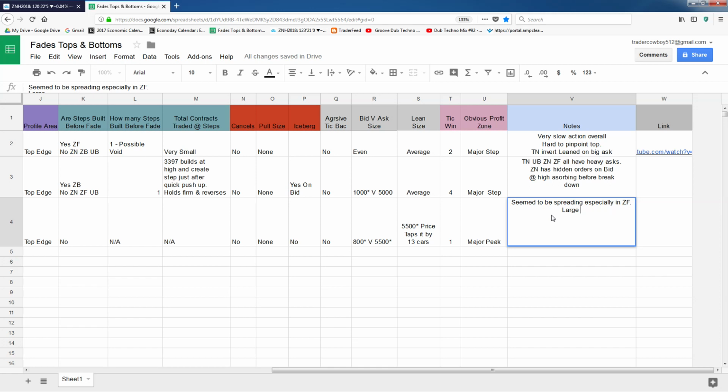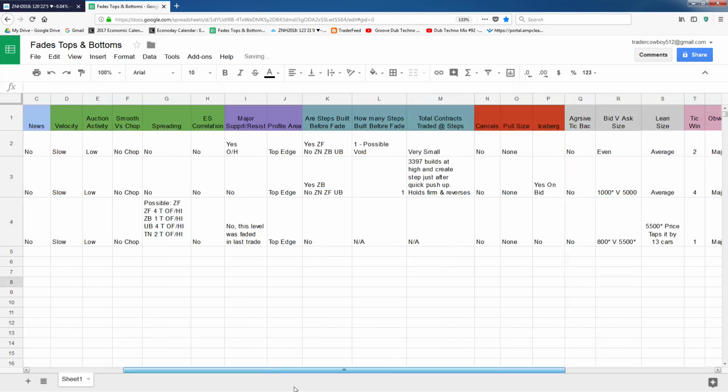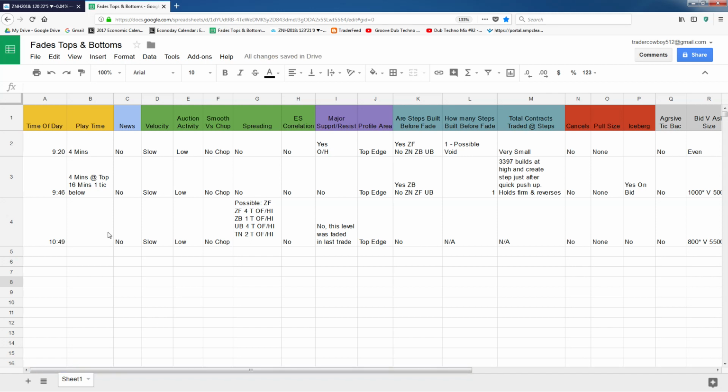Large ask first bid. And both ZN and TN. Only a 1 tick winner before it reverses again. That's it right there for that particular trade recap.